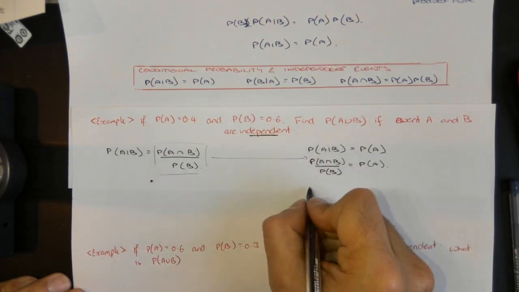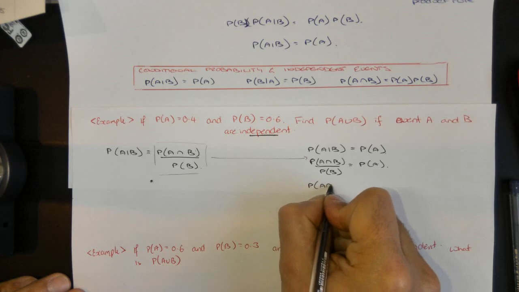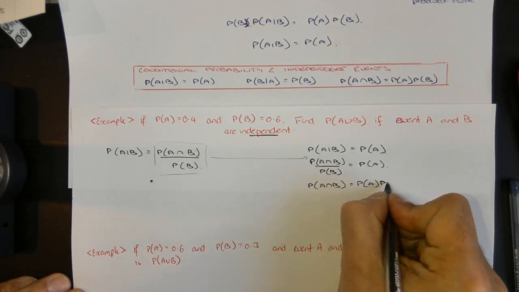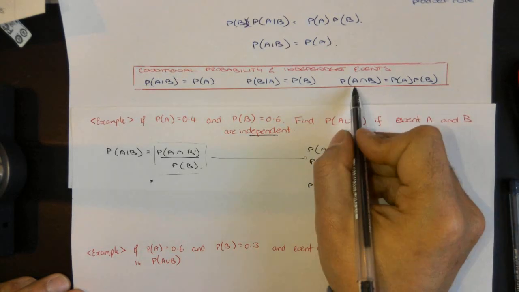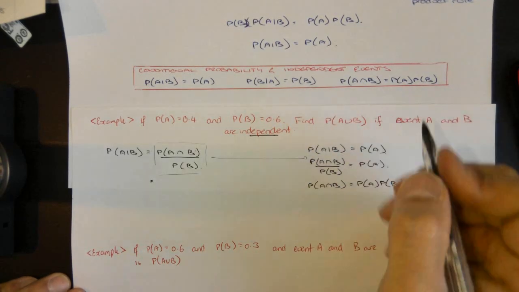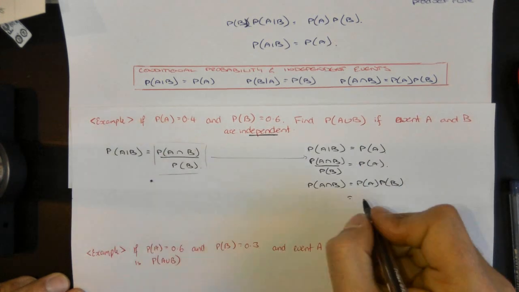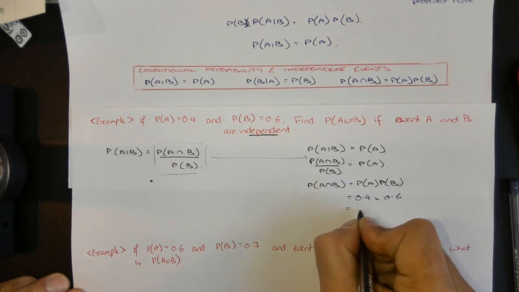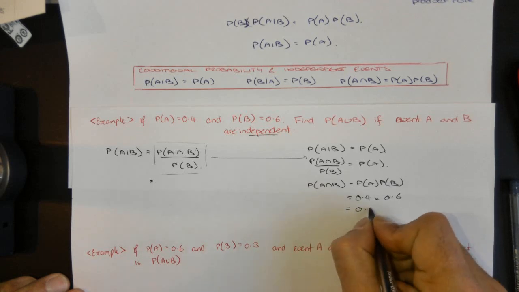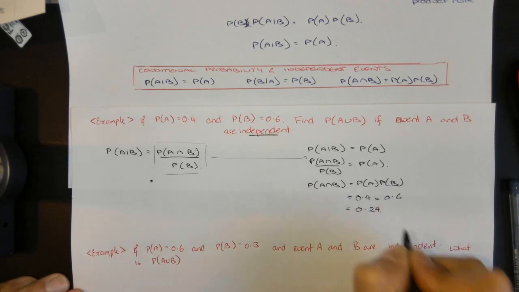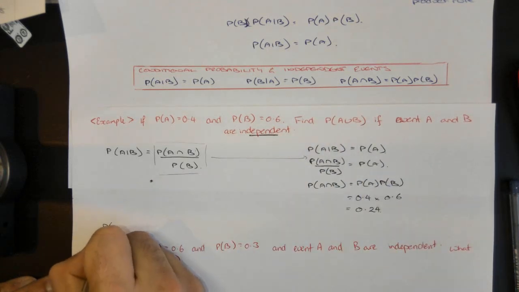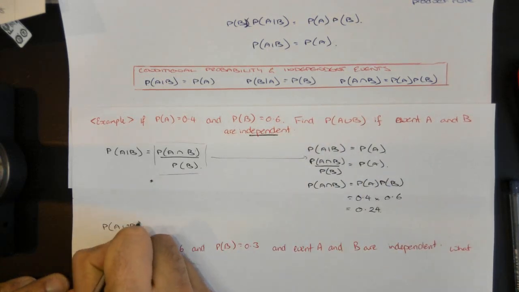I'm going to multiply out, so I've got the probability of A and B is the probability of A times the probability of B. So I'm using this identity, okay? So if that's 0.4, I'm going to times it by 0.6, gives us 0.24. Now if I want to find the probability of the union, I'm going to use the addition rule.